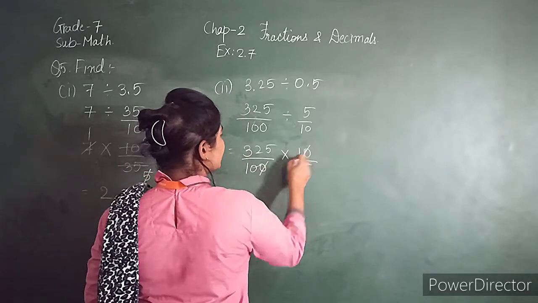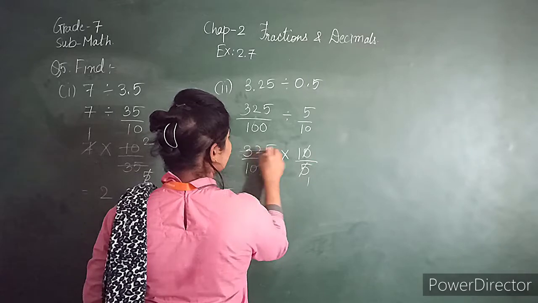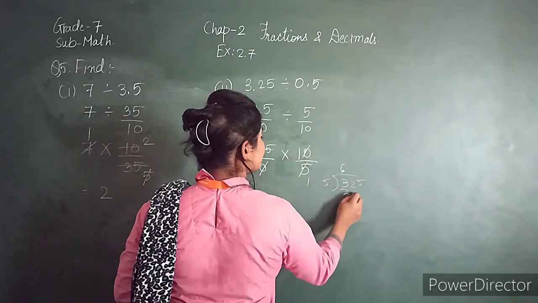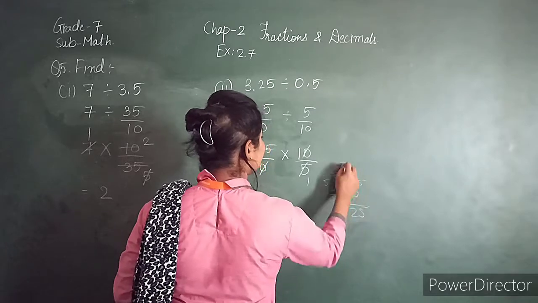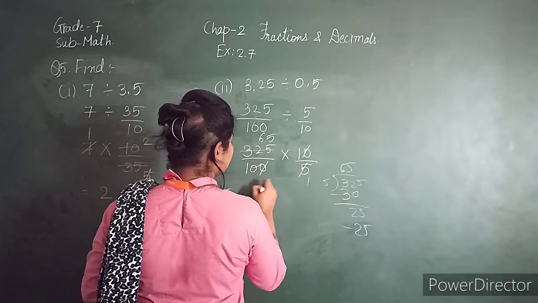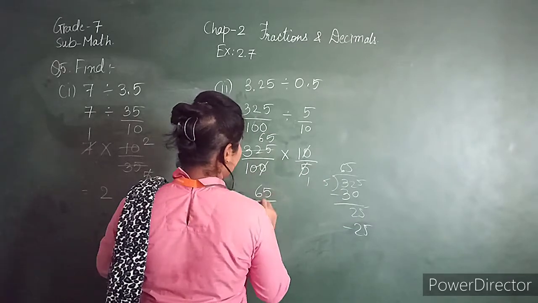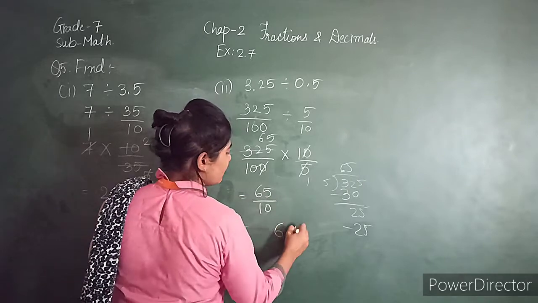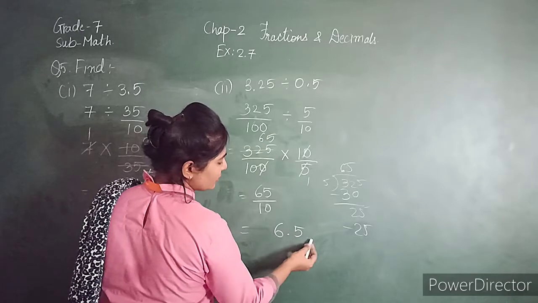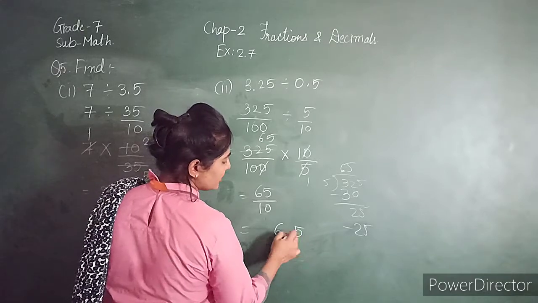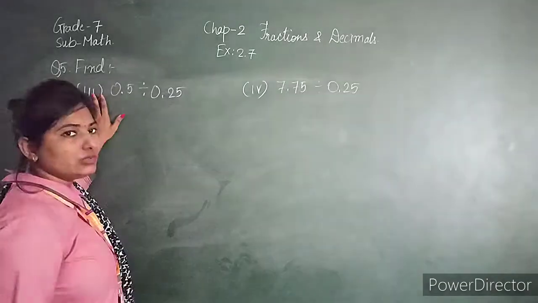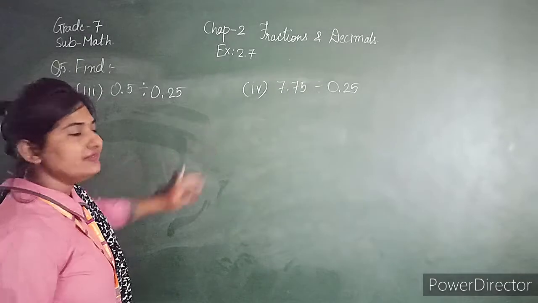Now 0 0 will be cut. 5 ones are here. 325 divided by 5: 5 6 is 30, and 25, 5 5 is 25. So it is 65, so 65 upon 10. Now 1 0 is there in the denominator, so we have to put the point before one number, counting from the backward side. So it is 1 and here we put the point. So it is 6.5.